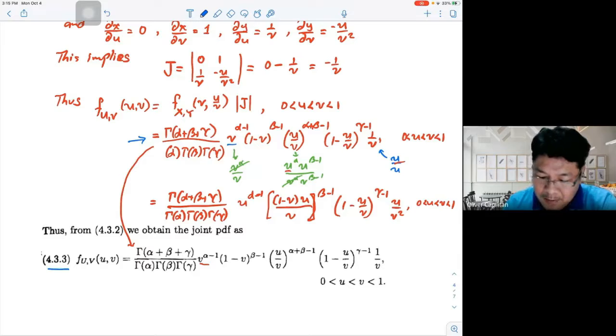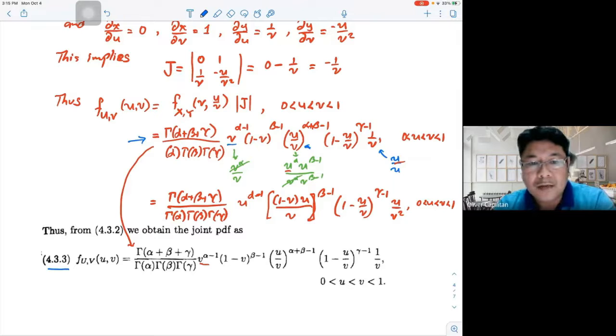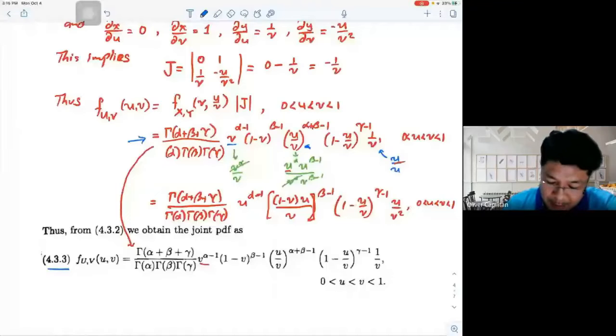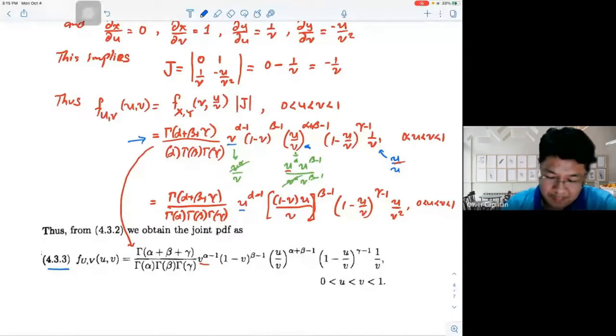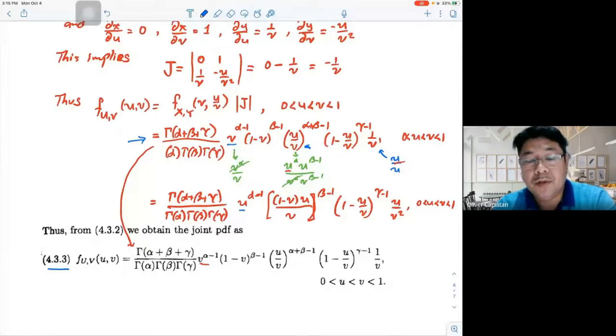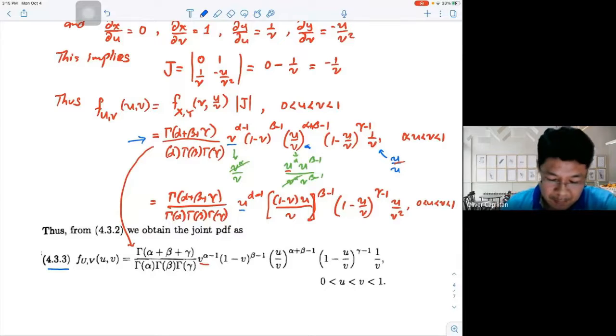And then this expression here can be expressed, and we can cancel out v to the alpha. So this is U. It's correct that it's U, because last time I thought it was a V. So this is now the joint PDF of U and V. So that's the second problem.